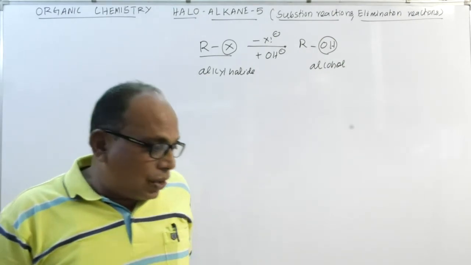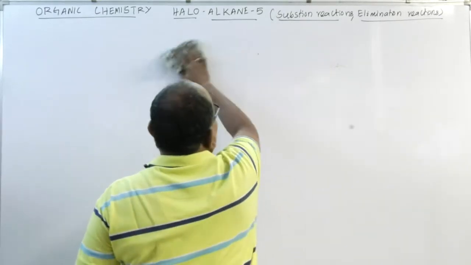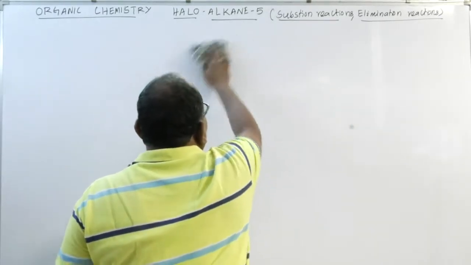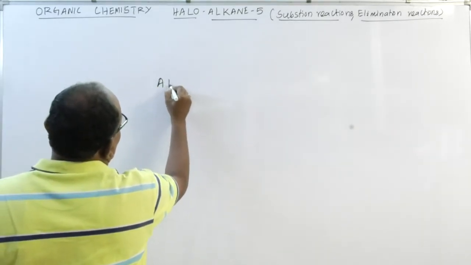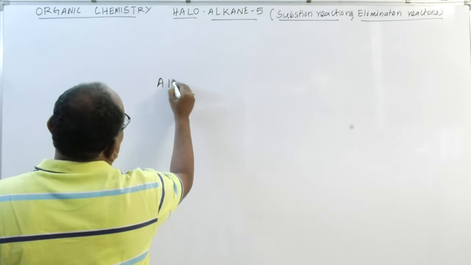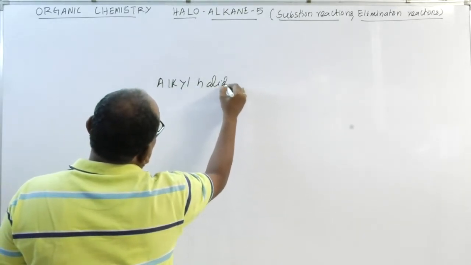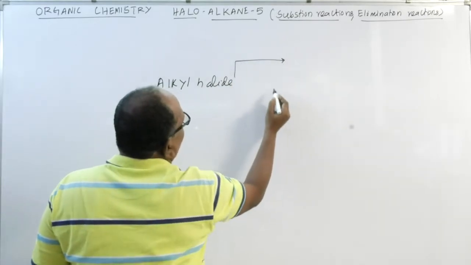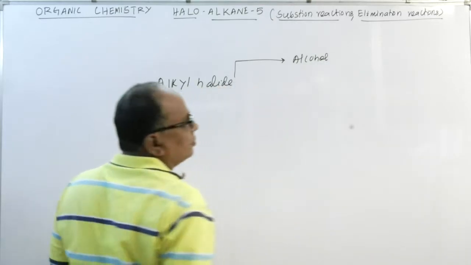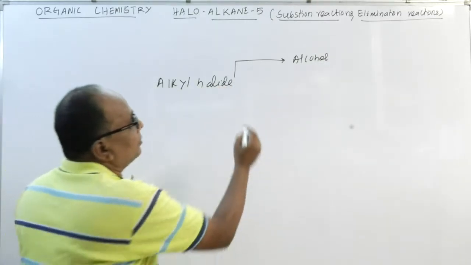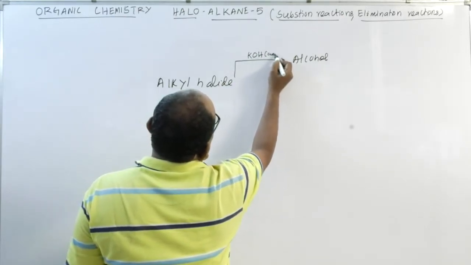Okay, students? Today we'll discuss how alkyl halide can be converted into alcohol by the action of aqueous potassium hydroxide.